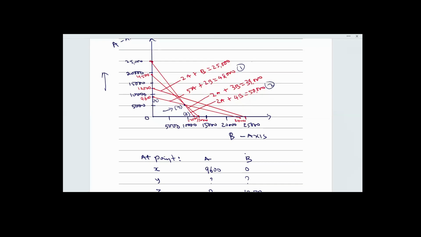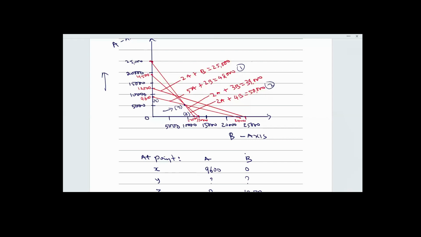This is point Y where you see this arrow. At that point Y, this equation from 9,600 to 24,000 is equation 5A plus 2B equal to 48,000.